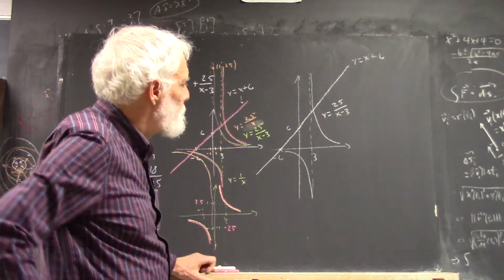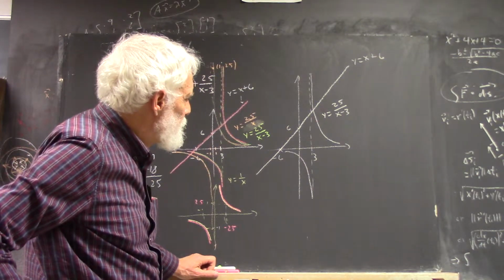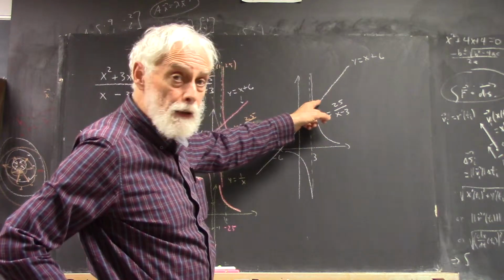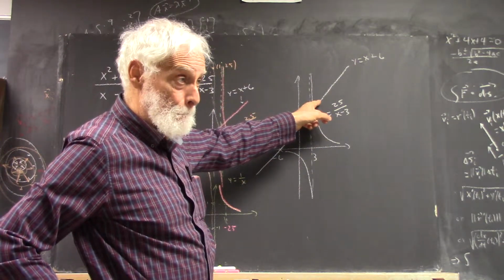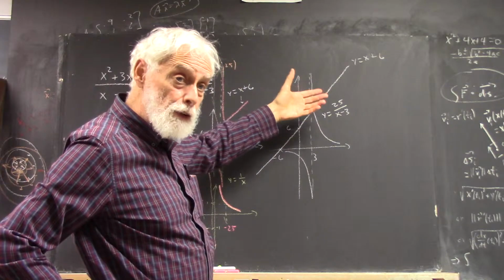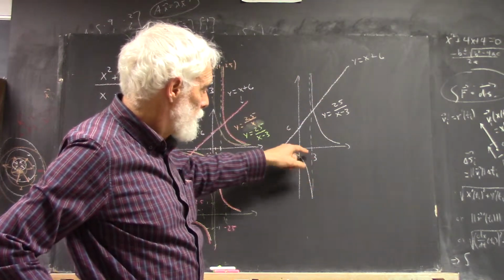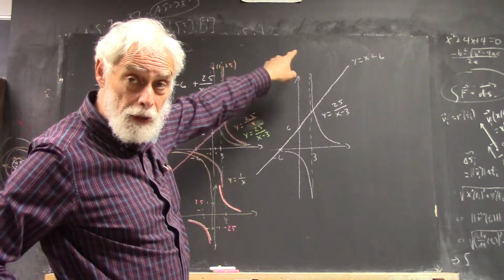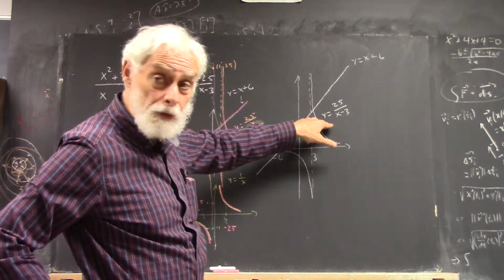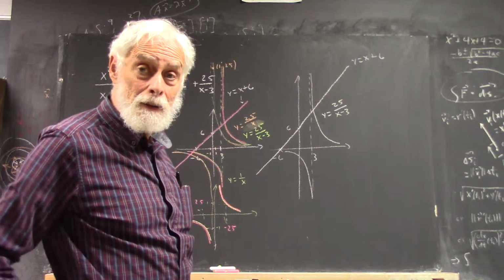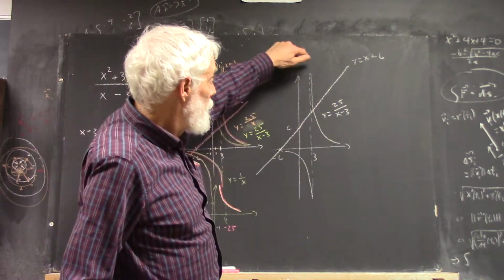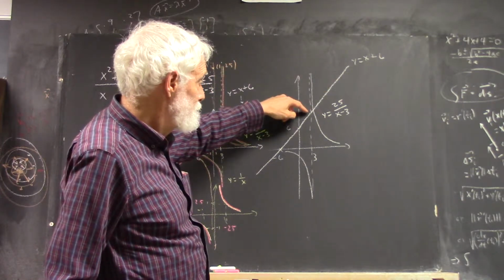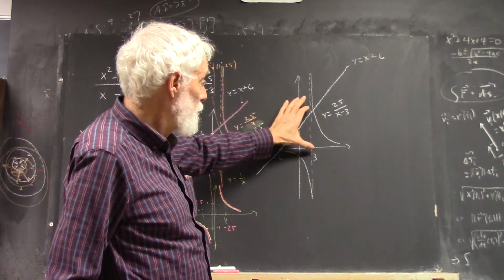Well, for any x value, I've got to add the value of this to the value of this, right? So when I add those values, what happens is I get close to the x equals 3 line, the vertical asymptote of this function. Well, to the values of this function, I'm just adding the value of this function, which is around this much.